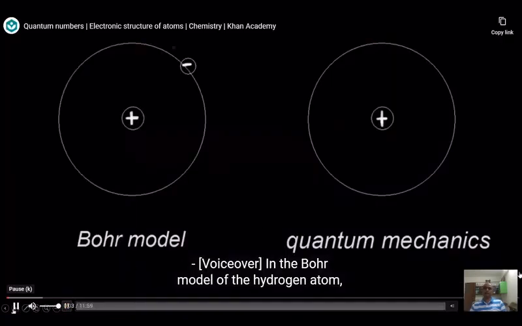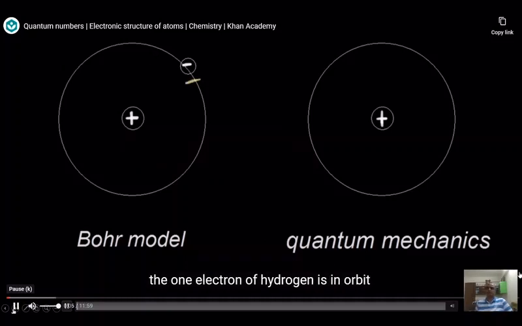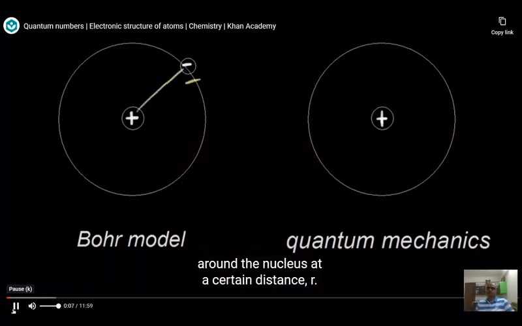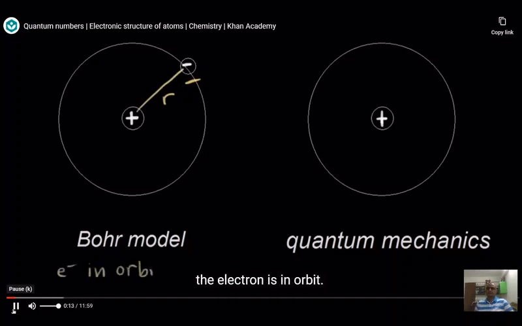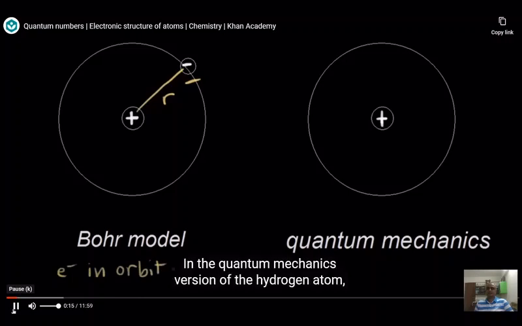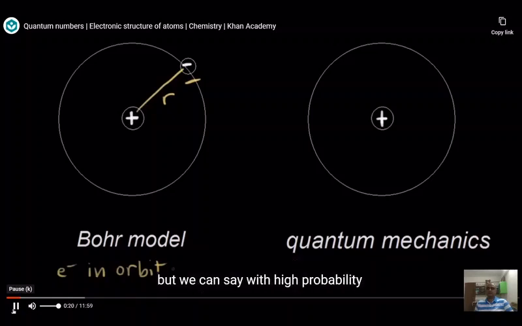Model of the hydrogen atom: the one electron of hydrogen is in orbit around the nucleus at a certain distance r. So in the Bohr model, the electron is in orbit. In the quantum mechanics version of the hydrogen atom, we don't know exactly where the electron is, but we can say with high probability that the electron is in an orbital.